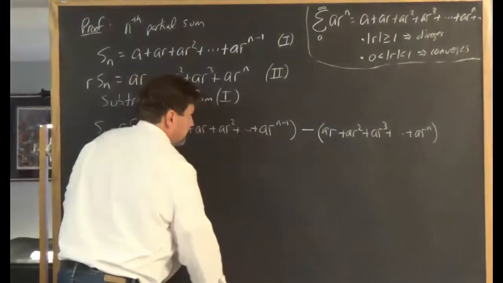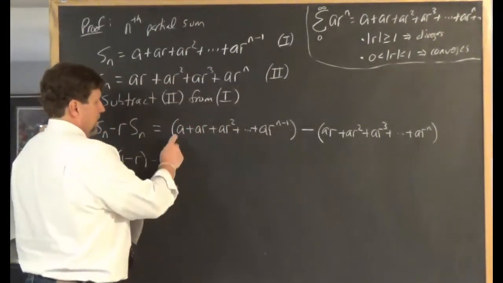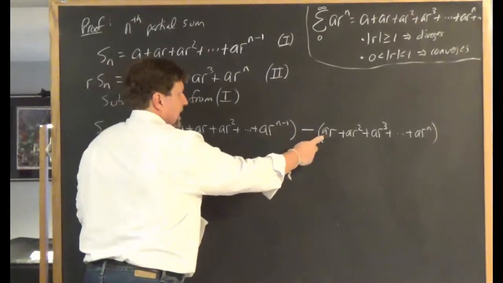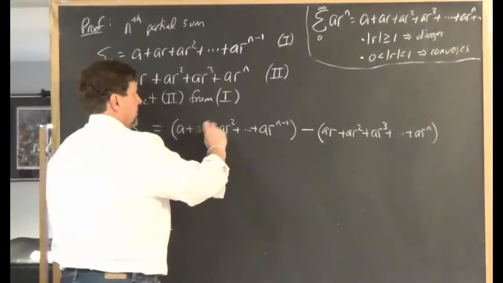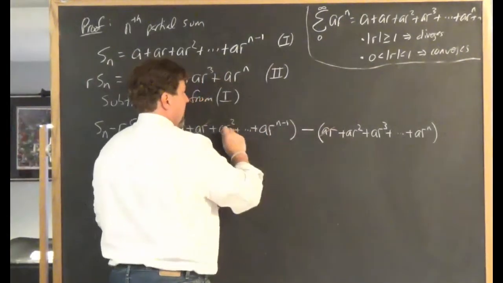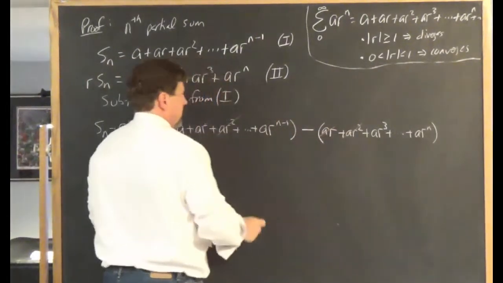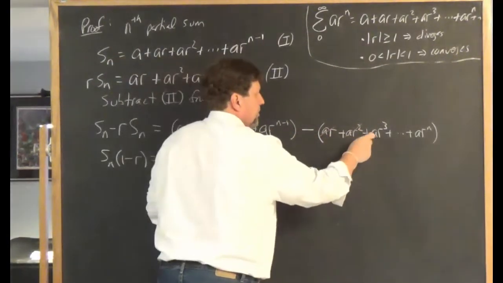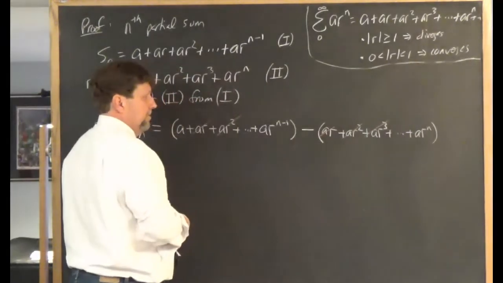Notice, well, we have an a. But we have an AR minus an AR. Gone. AR squared minus AR squared. Gone. The next term here would be AR cubed minus AR cubed. Gone.